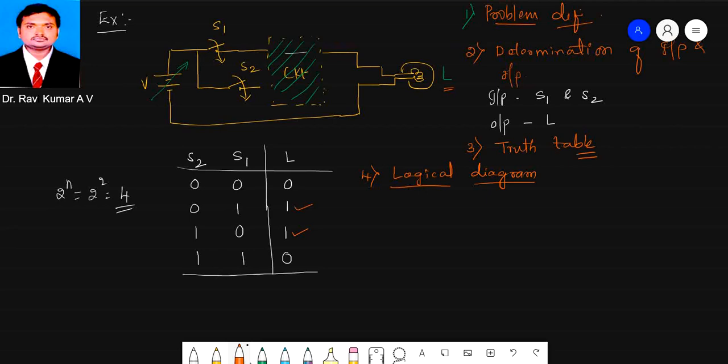So when L is equal to 1, the expression is S2 bar S1 plus S2 S1 bar. Later we will understand the form of this equation with respect to switching equations, and all the literals and variables are considered here as logical 1.